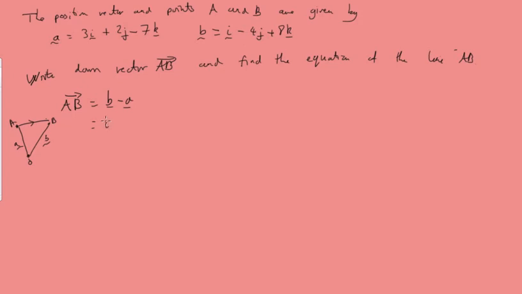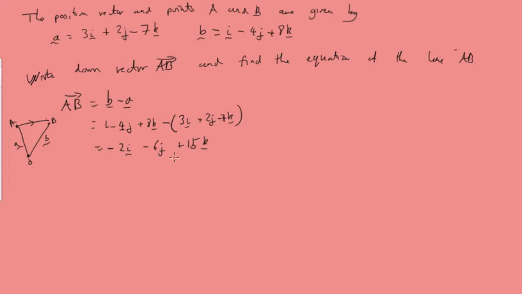So our b is i minus 4j plus 8k minus, make sure you put in brackets so you carry the negative through, (3i plus 2j minus 7k). So it's going to be minus 2i, minus 4 minus 2 is minus 6j, plus 8 minus 7 is going to be plus 15k.